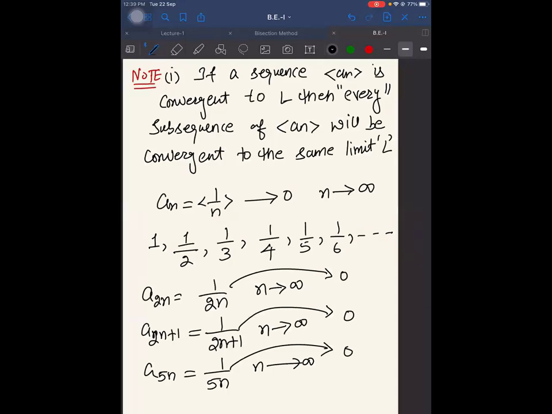Let me draw a picture for you. If you have 0 over here and 1 over here, and this is your half, this is 1 by 3, then 1 by 4, 1 by 5, 1 by 6, 1 by 7. You see that the pattern is not going to change.